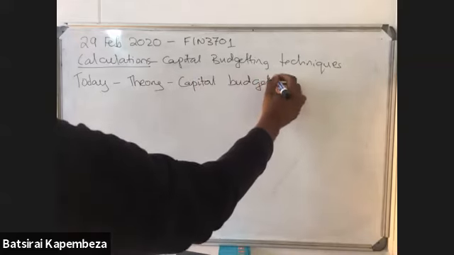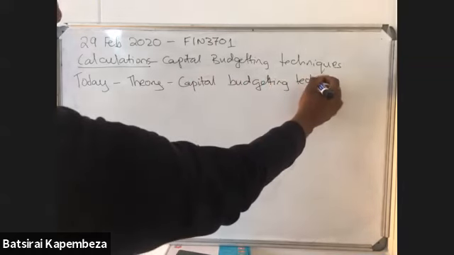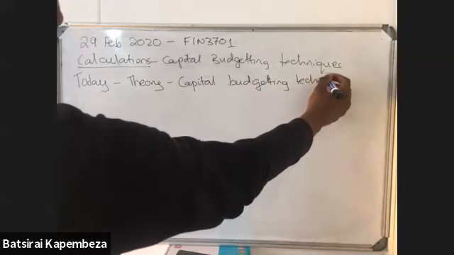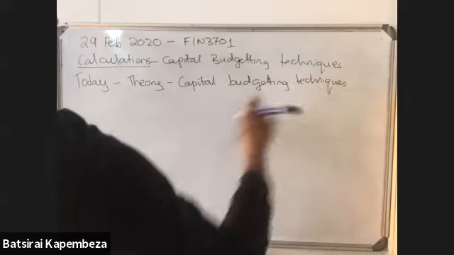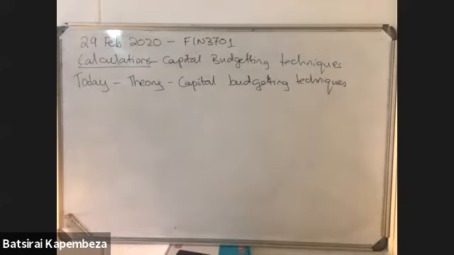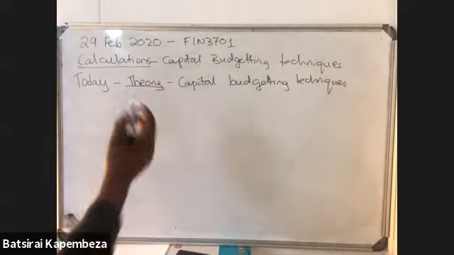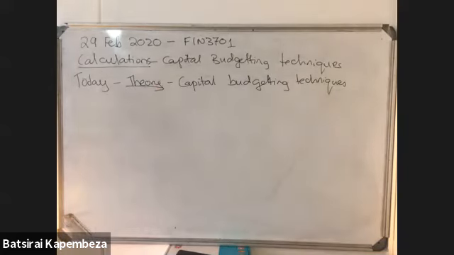Since the paper has been changed into a long paper where there are questions, it's important that you also know the theory behind the different capital budgeting techniques that we use, such that if a question comes in the exam asking you to explain certain concepts, you can be able to explain them.